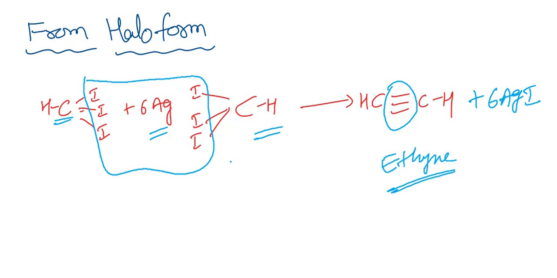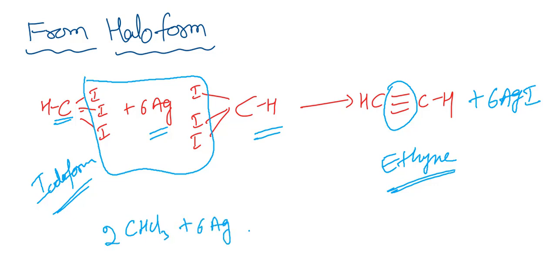Here, generally this method is preferred only for acetylene, not for substituted alkynes. This is the haloform, this is iodoform. Iodine is there, that's why iodoform. You can take even chloroform also, CHCl3 2 moles plus 6 moles of Ag, you are getting the same product.